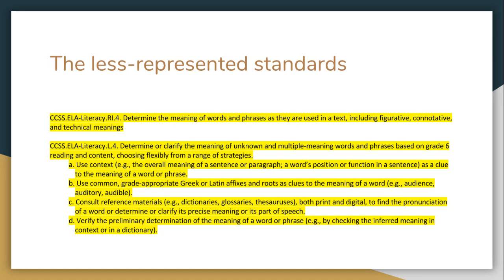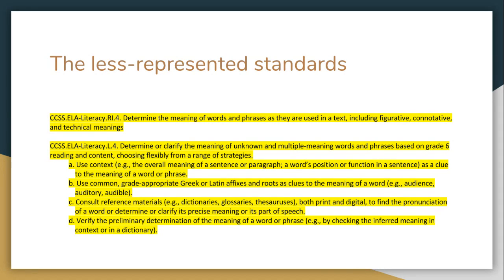There is in the L books the use of the explicit instruction and use of affixes and roots as clues to the meaning of the word. There's a specific context clue procedure that students are taught, and their inference and consulting of reference materials is found in the R book, but is again further expounded upon in the L book.